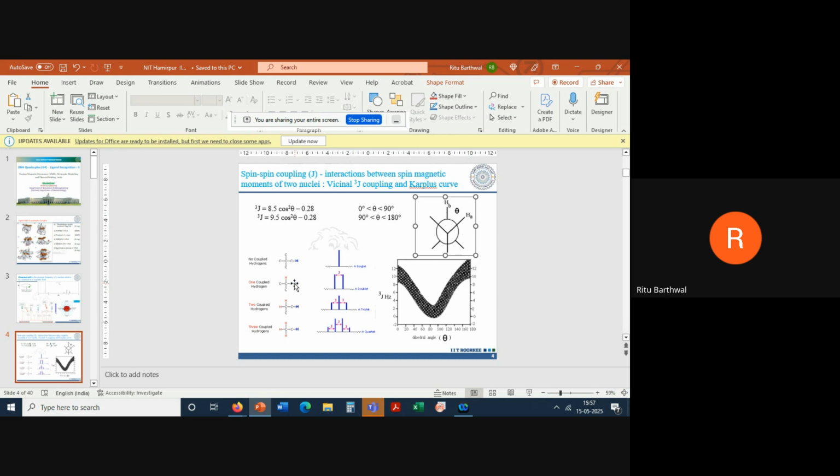What will happen is, it will see that H sometimes is aligned along the magnetic field, sometimes it's aligned reverse to the magnetic field. Why? Because H is undergoing its own transition. Sometimes it's in a higher energy state, sometimes it's in a lower one. So part of the time it is adding to the magnetic field, part of the time it is subtracting. It is giving an additional magnetic field.